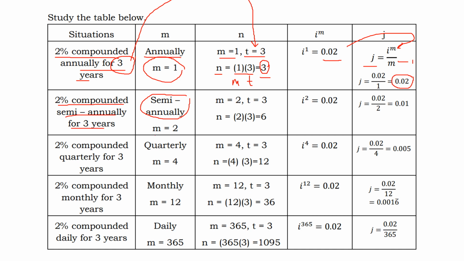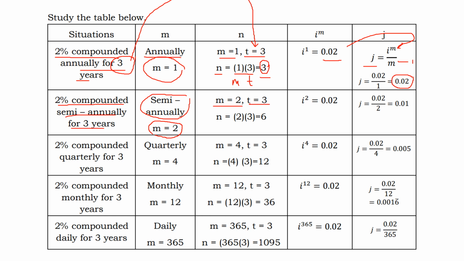That's why your m now is 2 here. Because in 1 year there are 12 months, if we cut 12 months by 6 months, we can create two sets. And that m represents the two sets of 6 months. So your m now is equal to 2.